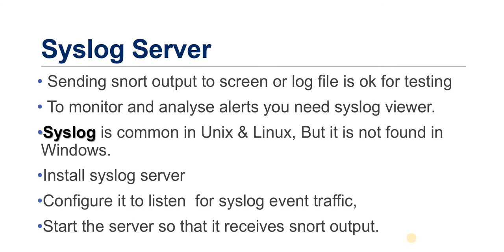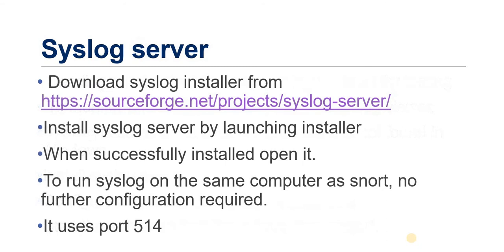In our case there is no need to configure because our Snort and the Syslog are both running on the same machine, on localhost. So in that case the configuration is not required. Then start the server so that it receives the Snort output. Now how to download? This is the website. From that you can download the Syslog Server installer.